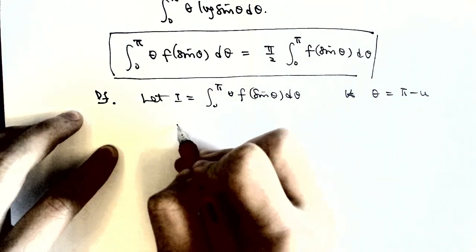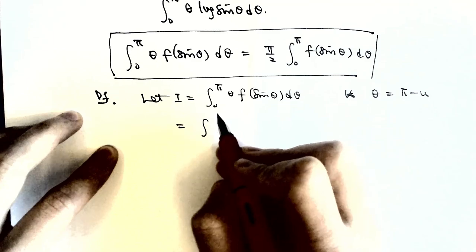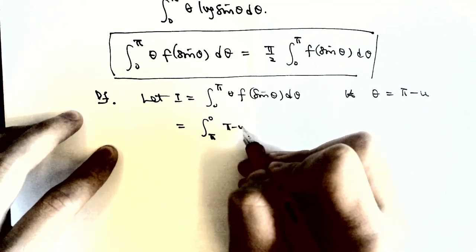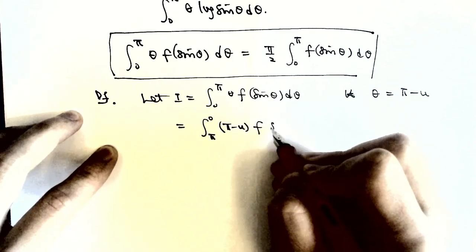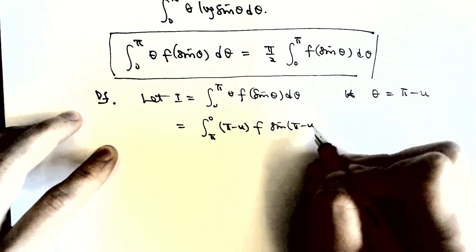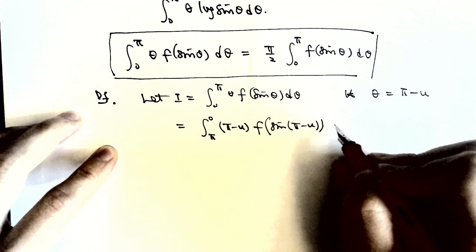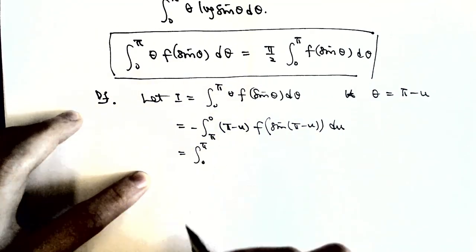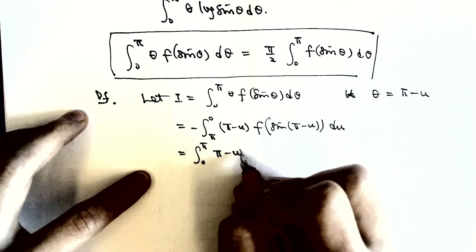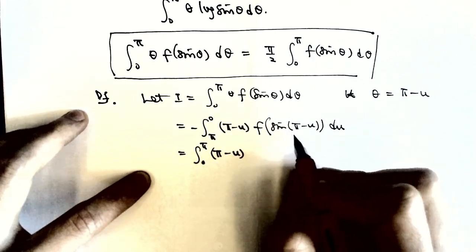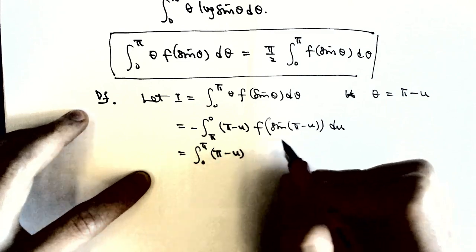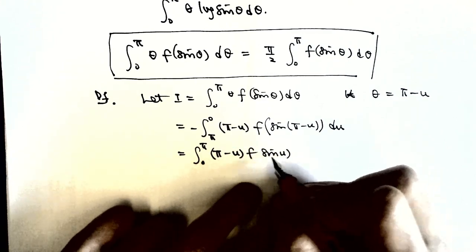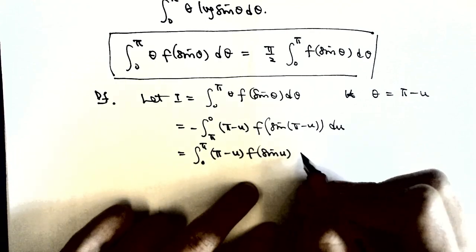In this case the limits become pi and 0, theta becomes pi minus u, and f of sine of pi minus u, and d theta becomes minus du. Then we flip back the interval, and f of sine of pi minus u is just sine of u, so we change back, and then du.